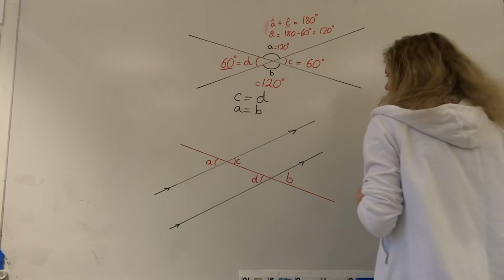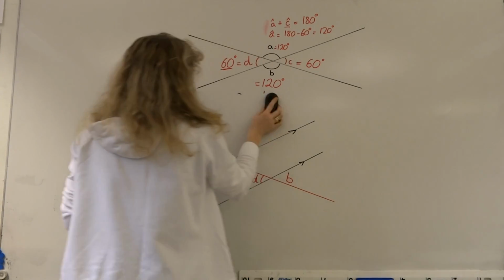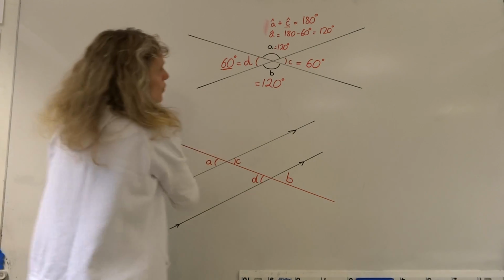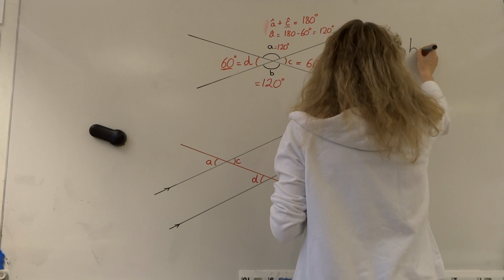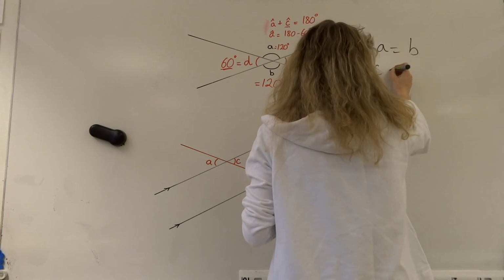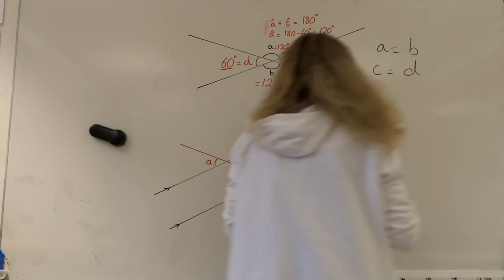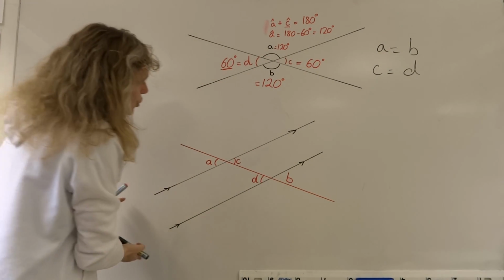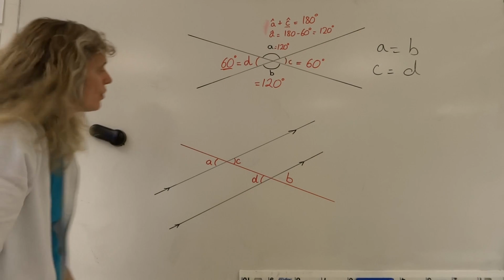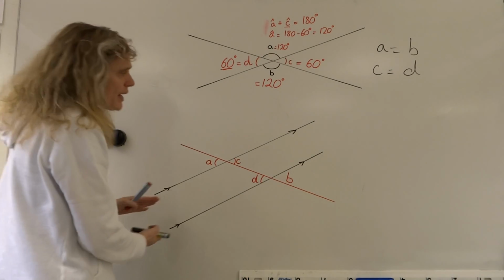Right, let's see what we can do then, and this is a very important fact to remember. So we have that angle A is going to equal angle B, and we have that angle C is going to equal angle D, the opposite angles. What are we going to be able to do here then? Here we have two parallel lines running, and they're never ever going to meet.